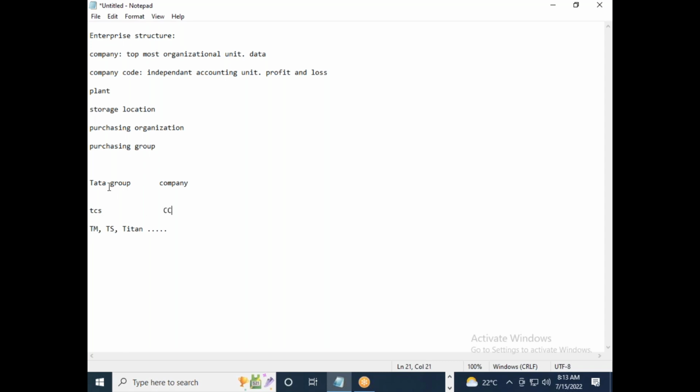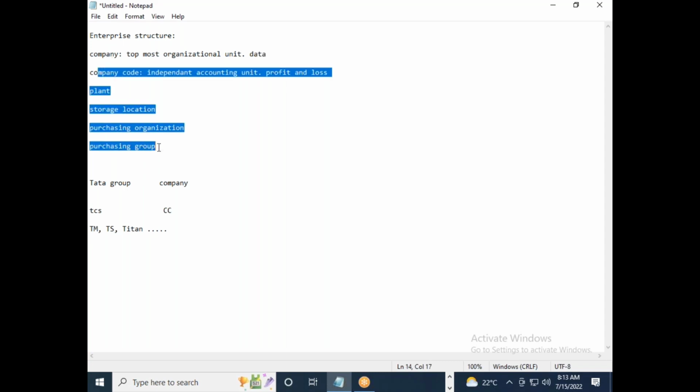What I said about the company is that it is the topmost organizational unit, right? It means the Tata Group is the ultimate head for all these organizations. And whatever data you maintain at the company level will be applicable to all the remaining organizational units.